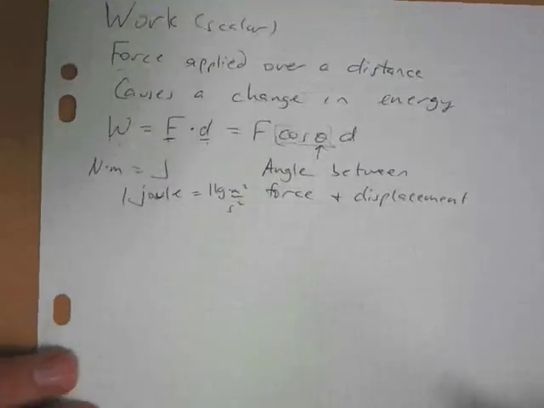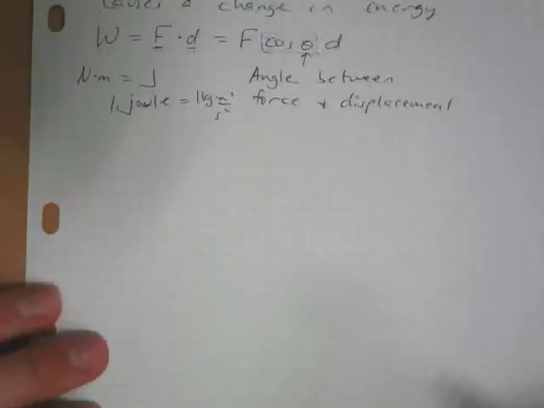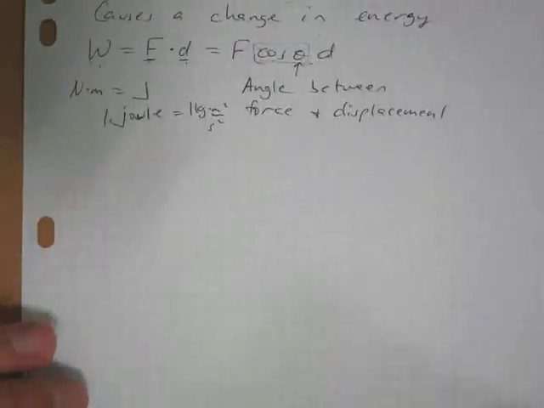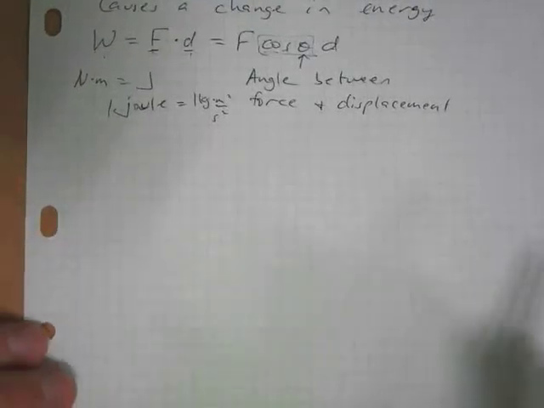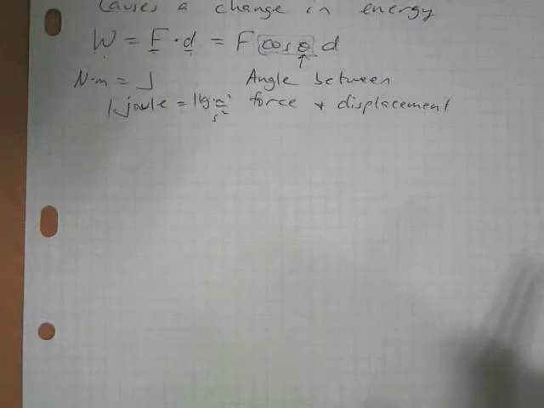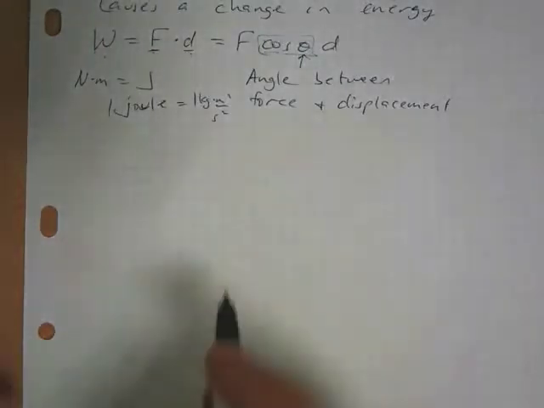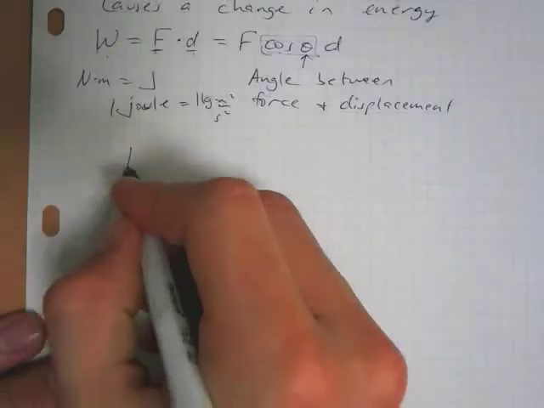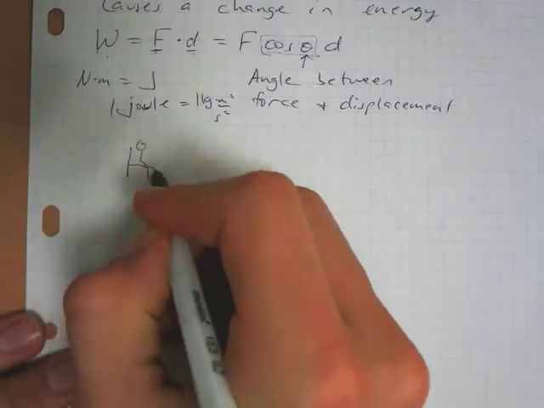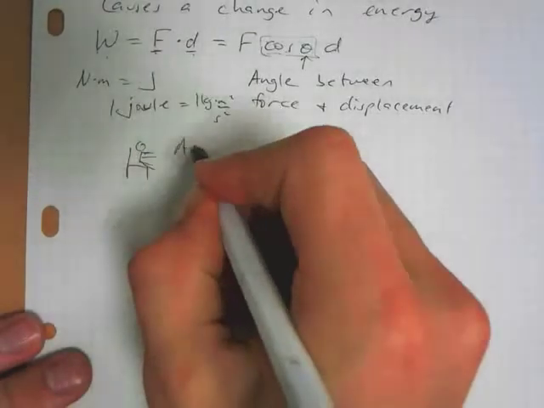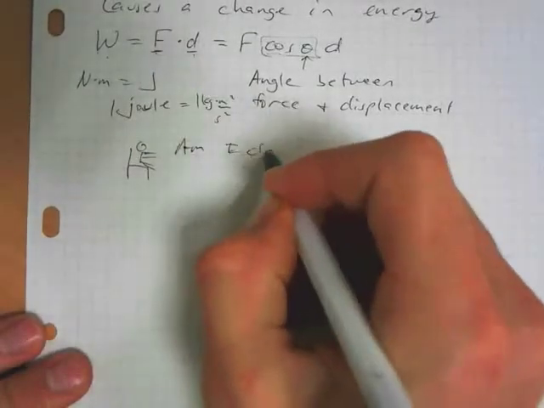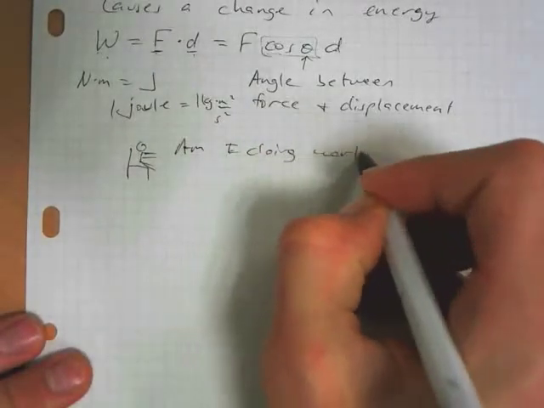So, on a conceptual level, we need to remember that we only do work when we apply a force in the direction of displacement. So right now, I'm sitting in my chair. And I ask the question, am I doing work on the chair?